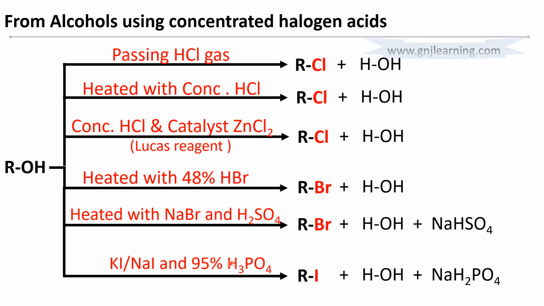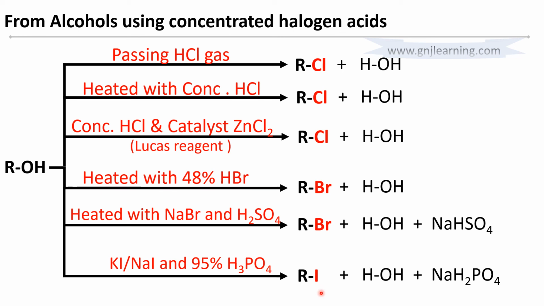Next is to synthesize iodoalkane. You have to use potassium iodide or sodium iodide salt along with 95% orthophosphoric acid, and we have learned why we cannot use H2SO4. One thing missing is fluoroalkanes, which we cannot synthesize directly, and we have learned the reason for that.